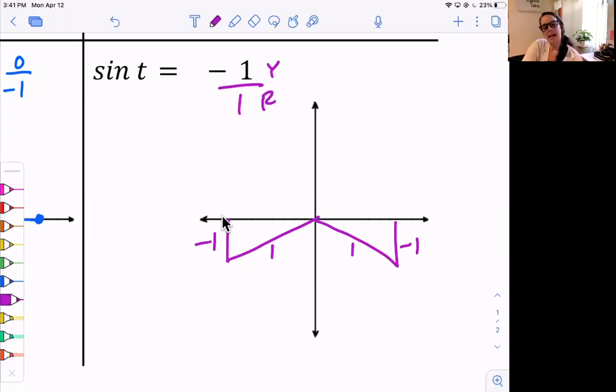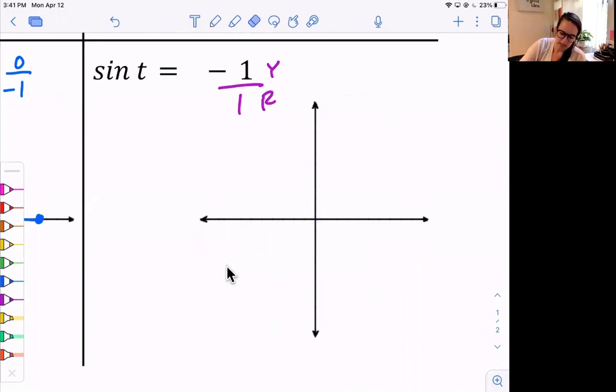I don't know any triangles that have a radius of 1 and a y of 1. Think about what that would look like. That's not going to be possible because in order to create a triangle, my y has to be shorter than the radius. The radius has to be the longest side. So the only way that I can do this is if I have negative 1 as my y, and my radius is also 1, would be this line here, 1 for my radius and negative 1 for my y, something like that.